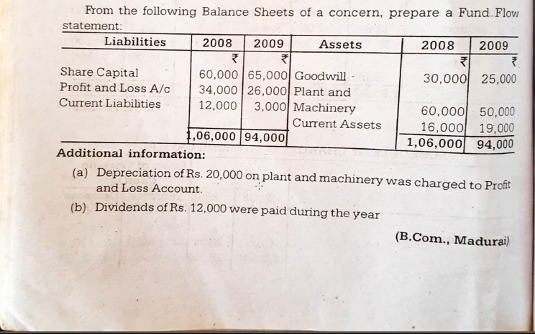Now if you see the information: depreciation of rupees 20,000 on plant and machinery was charged to profit and loss account. You have to open the plant and machinery account, charge the depreciation and find out the difference, whether it is a purchase or a sale of plant and machinery.